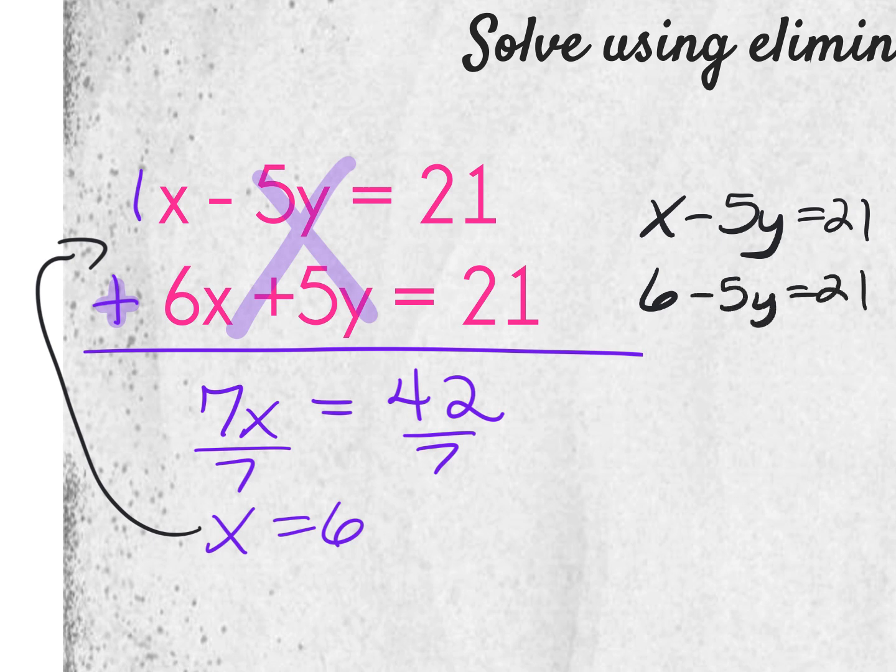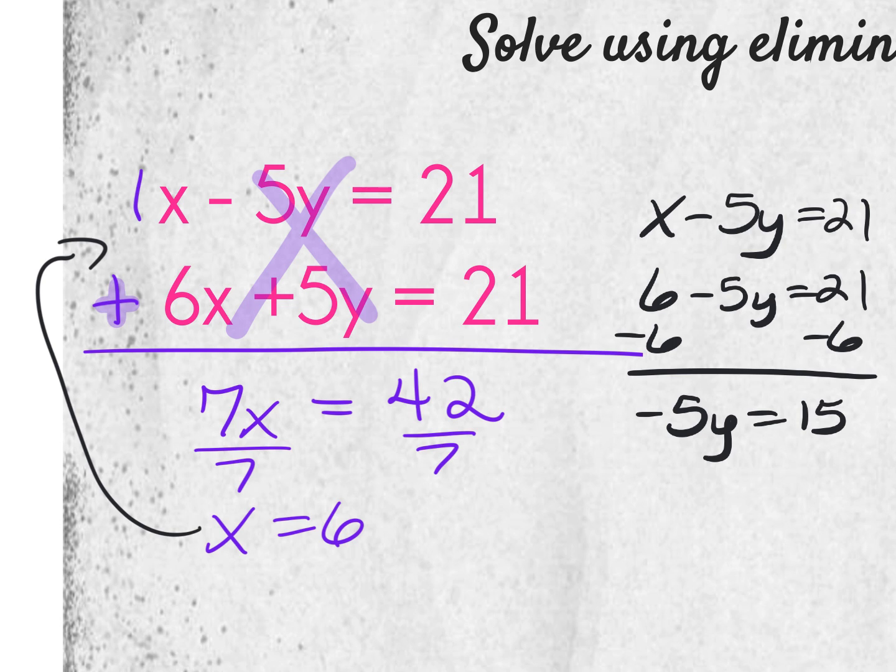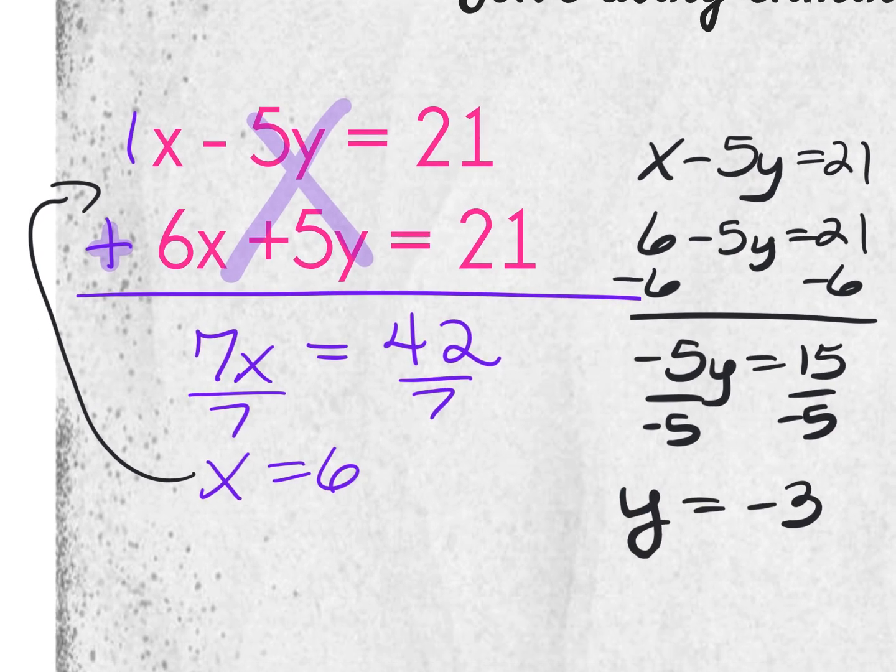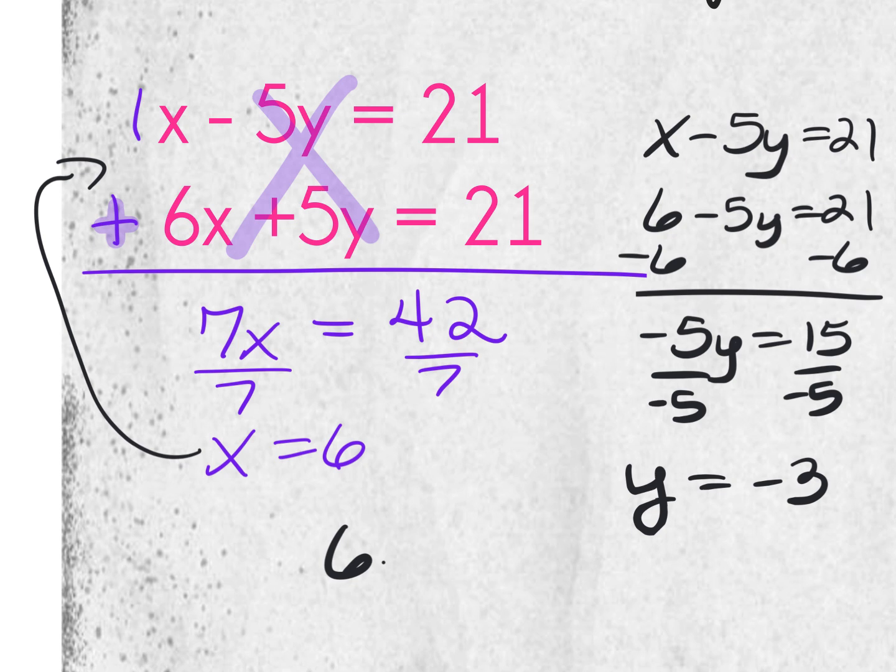Subtract 6 now. 21 minus 6 gives me 15. And now I divide both sides by negative 5. And y equals negative 3. So the solution, or the point of intersection of these two equations, is the ordered pair (6, -3).